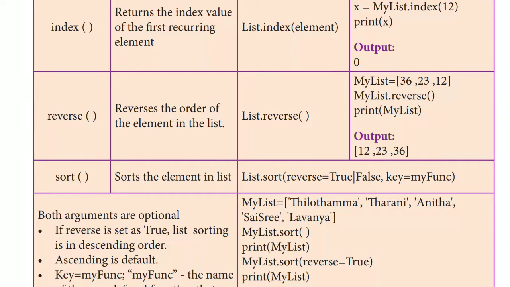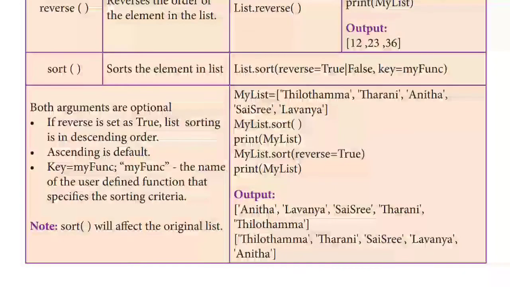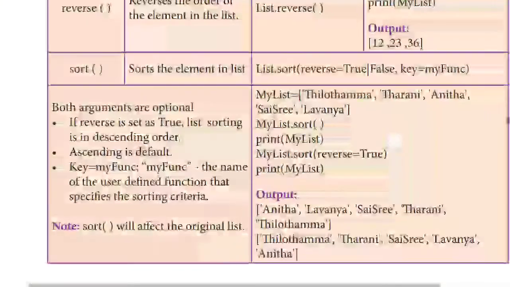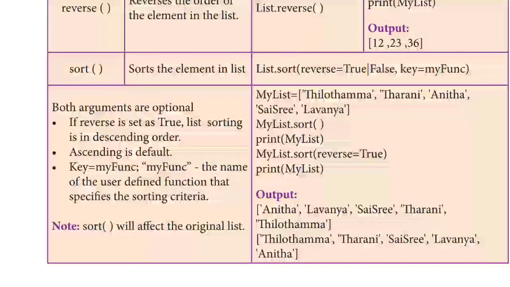Next is sort. This sort will sort the list of elements in ascending order or descending order. So reverse is equal to true or false, key is equal to my function. Here they have used some arguments, and both the arguments are optional. If reverse is set as true, then the list is sorted in descending order.